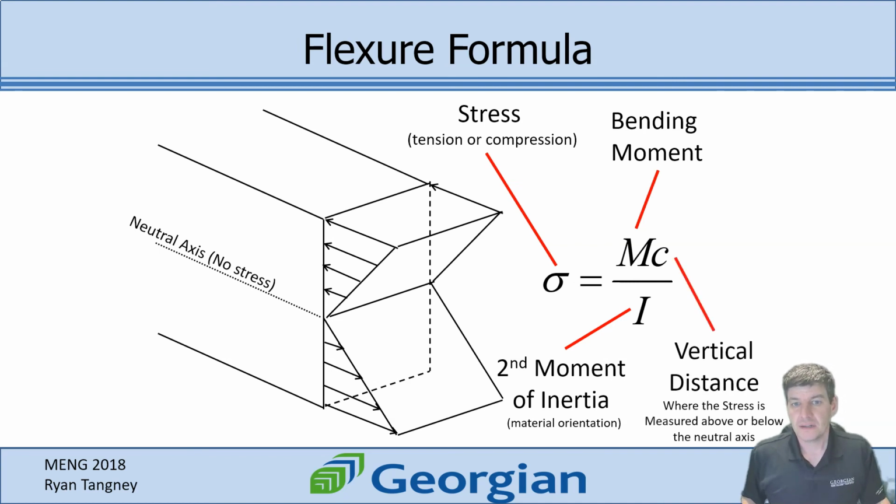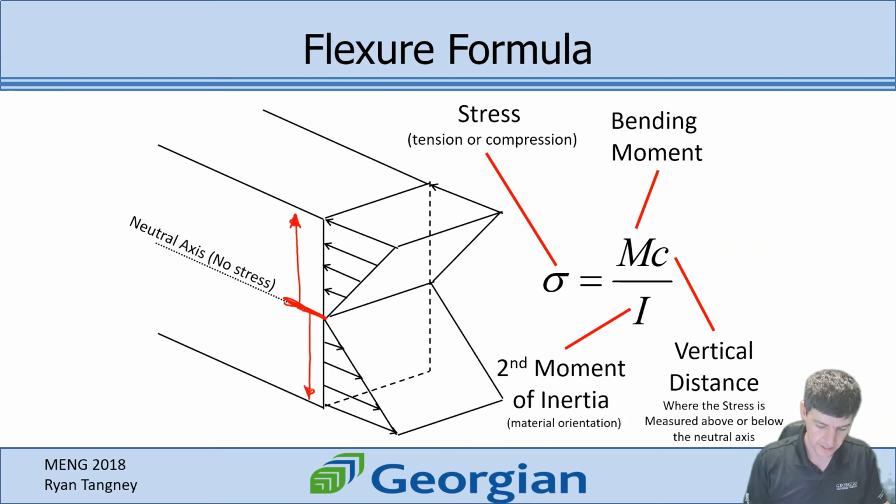And C is where am I measuring from? So it's the vertical distance. So it's based off of this neutral axis. So if I'm measuring at the neutral axis, C is 0, which means the stress would be 0. And the further I go, either higher or lower, I get a larger and larger C value, which means my stress value continuously grows as I go up or down in my object.